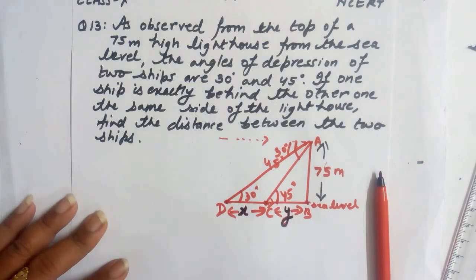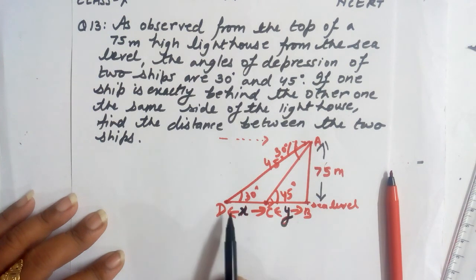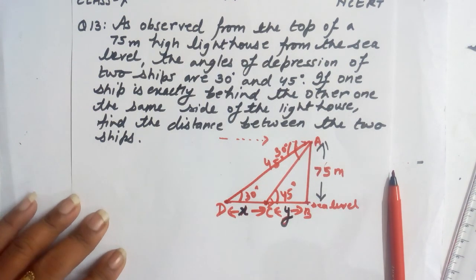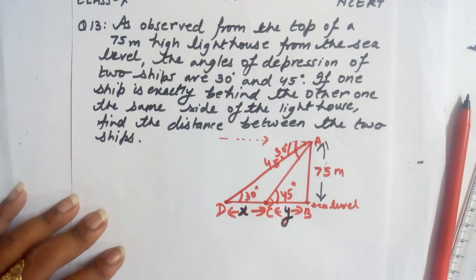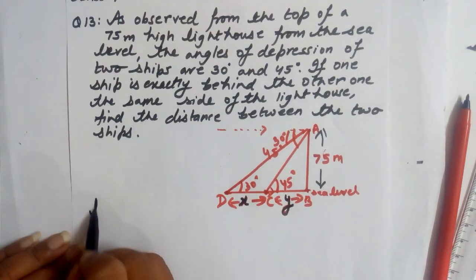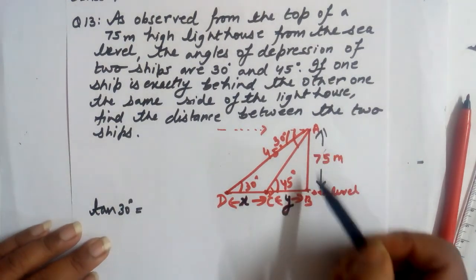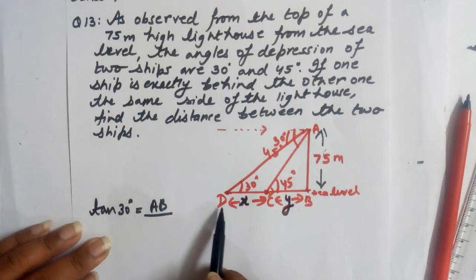Now we are ready with this, and we can see the perpendicular is given and we need to find out the base. The relation between the perpendicular and the base is in a tan ratio. So first of all, tan 30 degrees is equal to perpendicular upon base, AB upon base, and the base is DB.